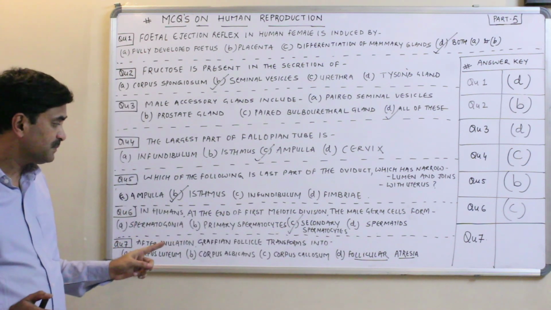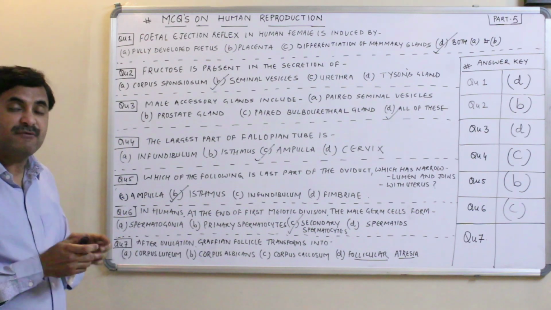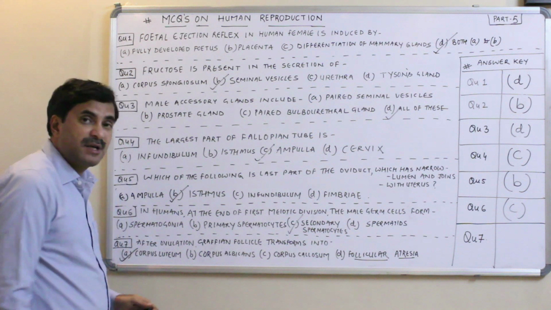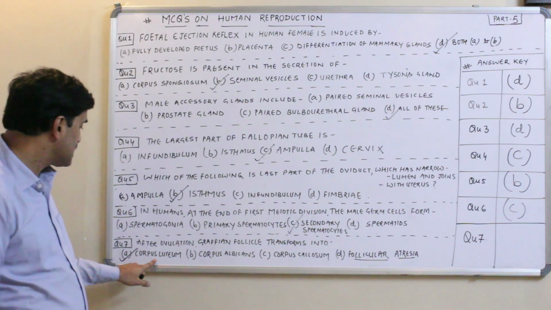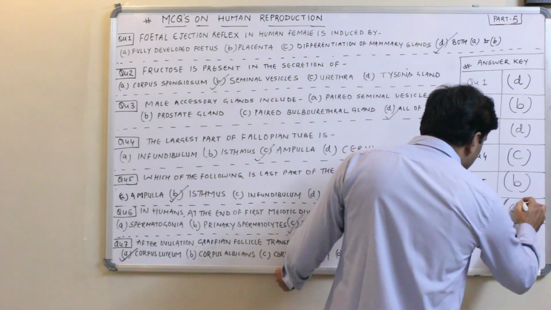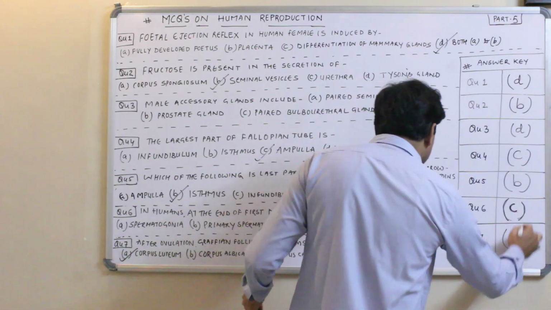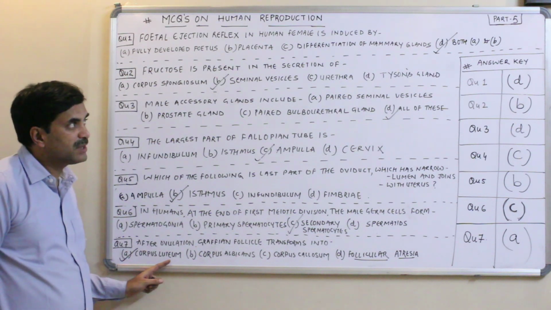After ovulation, the empty Graafian follicle transforms into a yellow endocrine structure, which later releases progesterone hormone, and that yellow endocrine structure is called the corpus luteum. So question number 7 has the answer A. Is it clear? Question number 7 has the answer A, corpus luteum.